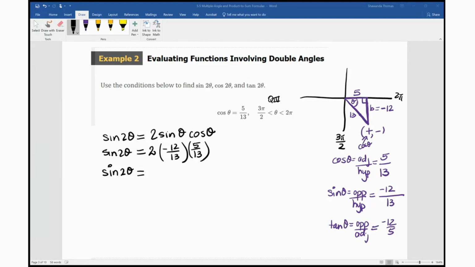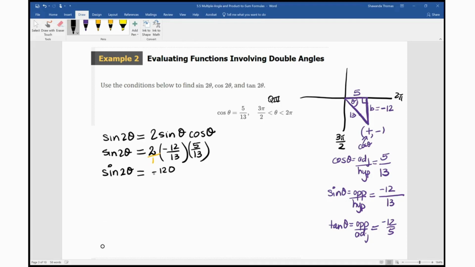So that means you multiply by 4. Oh, 2 times negative 12 times 5. All right. If it helps for y'all to put a 1 under that, then put a 1 under it. But if it's a whole number, it's understood to be in the numerator. So y'all multiply the numerator together, and what do you get? Negative 120. Correct.